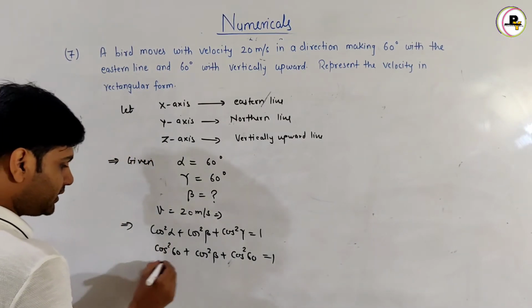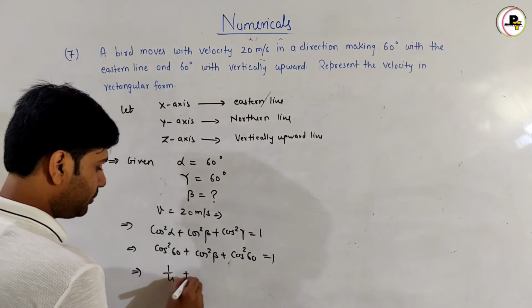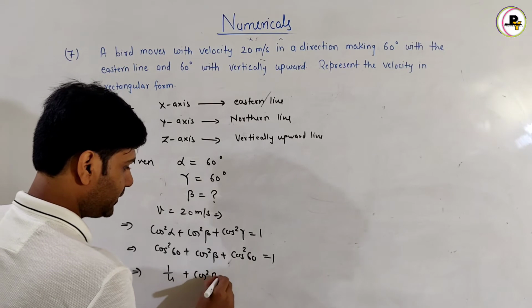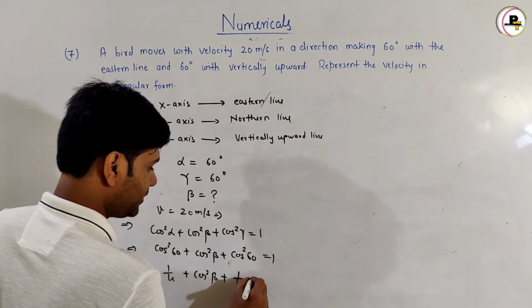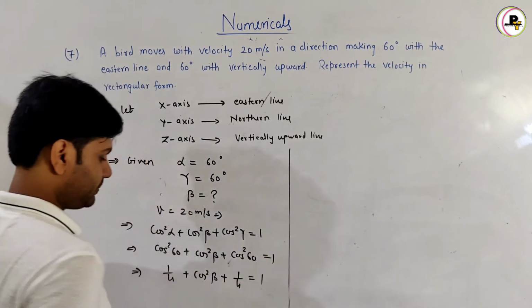So if we make the square of 1 by 2, we get 1 by 4, plus cos square of beta plus 1 by 4, equal to 1.